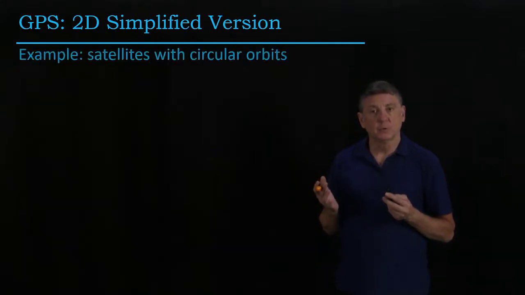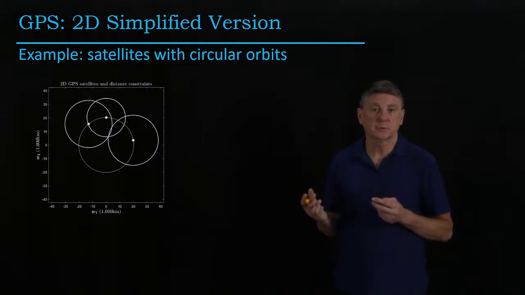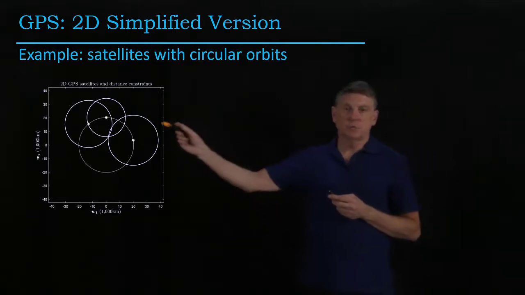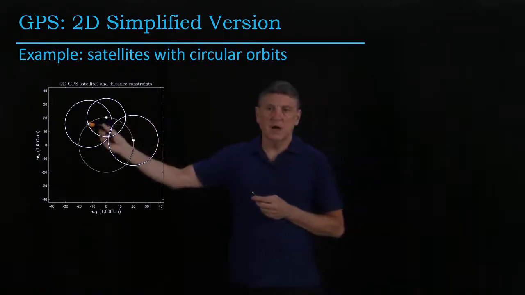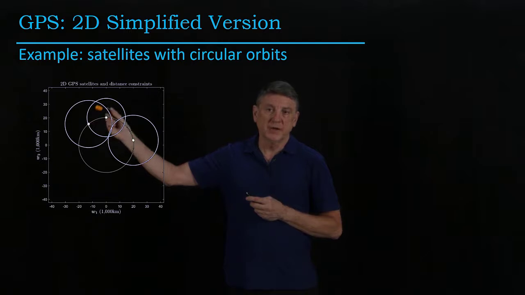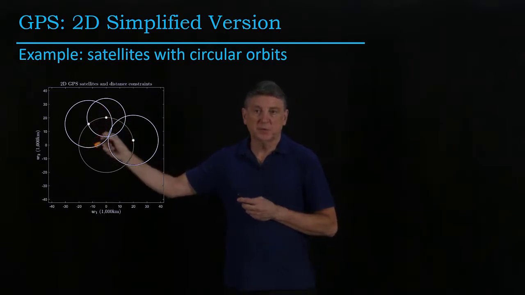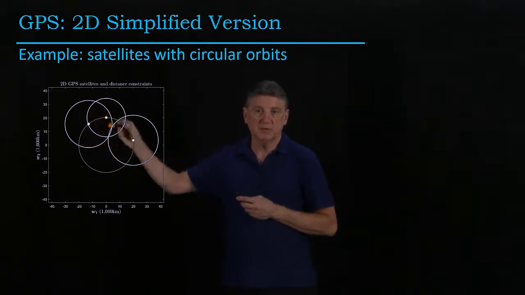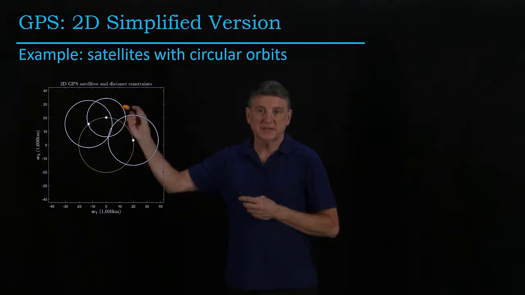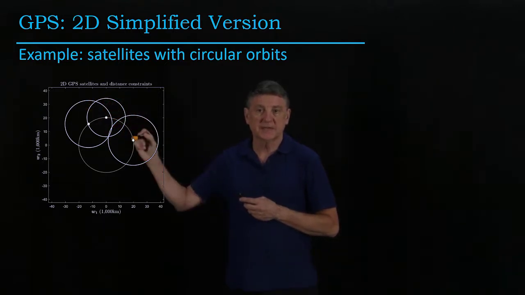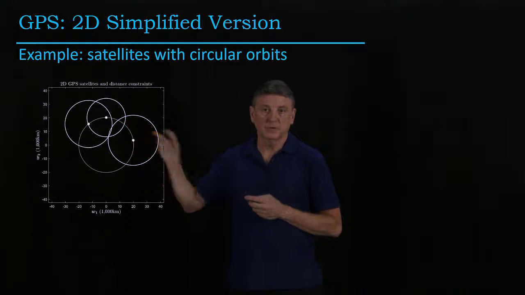One way that we can formulate this using a nonlinear least squares problem is we could draw circles of that pseudo range around each satellite. So here we have satellite 1 with its pseudo range circle. Here we have satellite 2 with its pseudo range circle, and satellite 3 with its pseudo range circle.